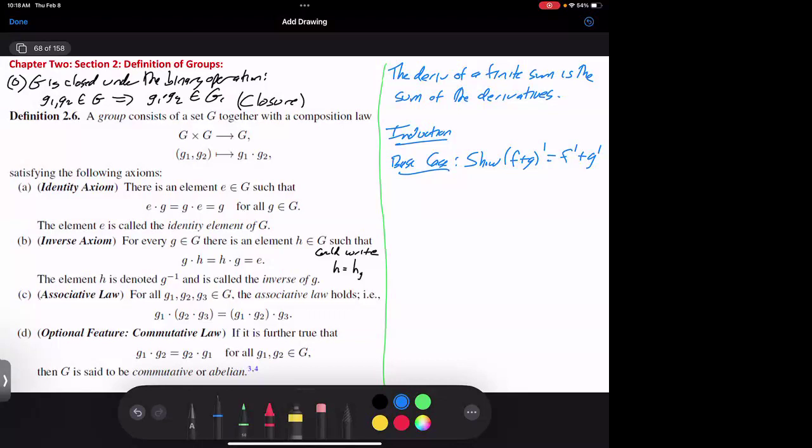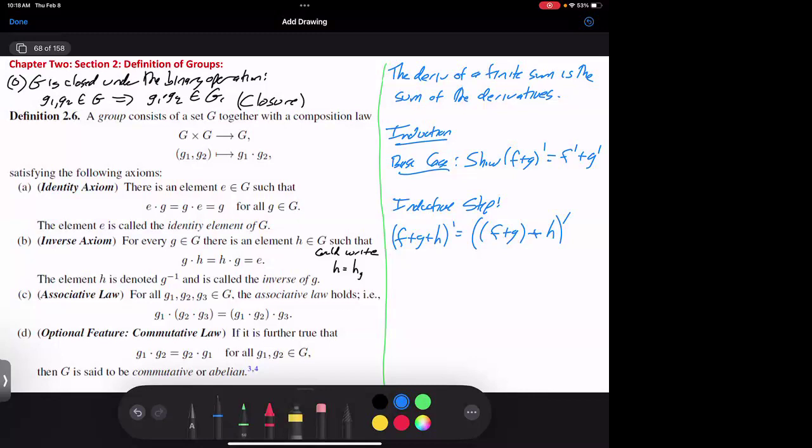Now, for the inductive step, I'm only going to do n equals 3, but you should do the general case. So let's say I give you f plus g plus h, and I want to find its derivative. I can group f and g together. And now, what are my two functions? So when I group them like this, what are my two functions? F plus g is one function.